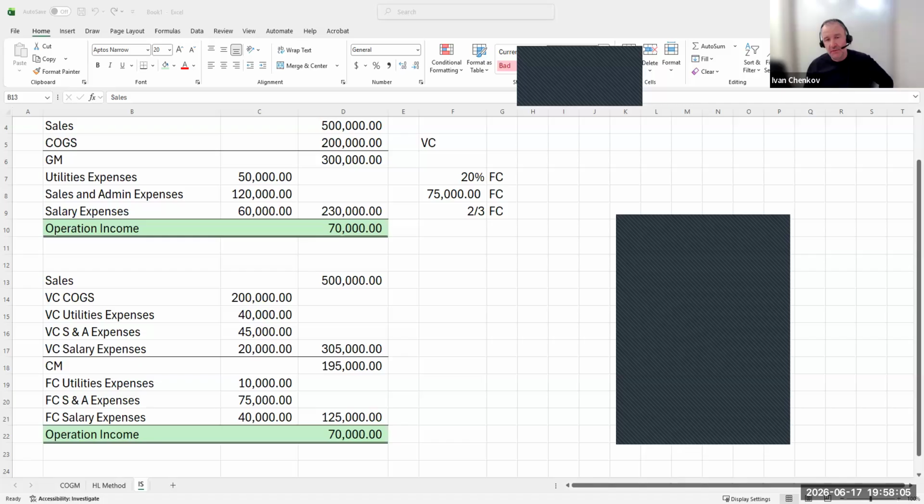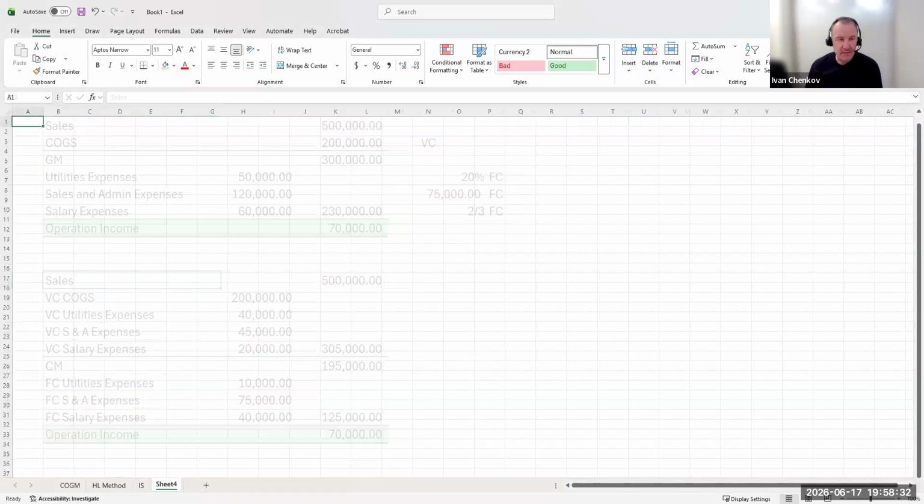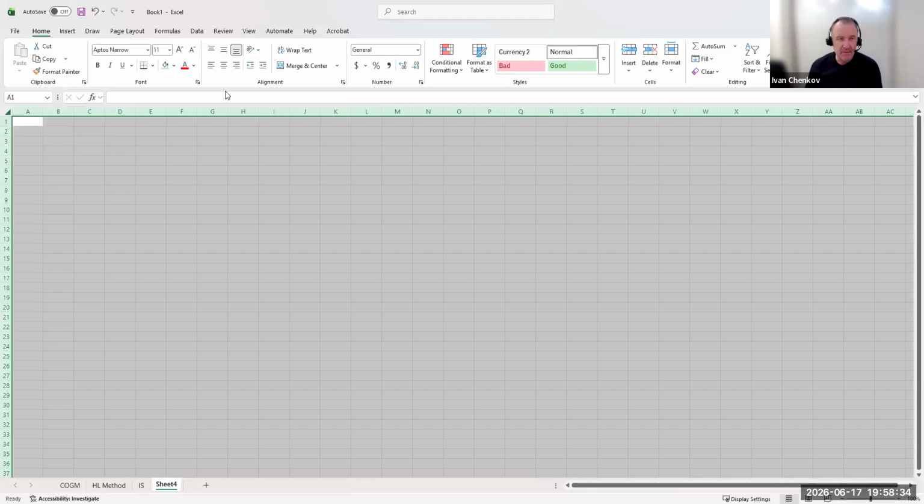If you go to question number 4, you're gonna catch all the twists on the cost volume profit analysis question. So I'm going to transpose that information from question number 4 onto the Excel spreadsheet, and we can quickly go over a few questions so you can see the application for that particular set of questions.